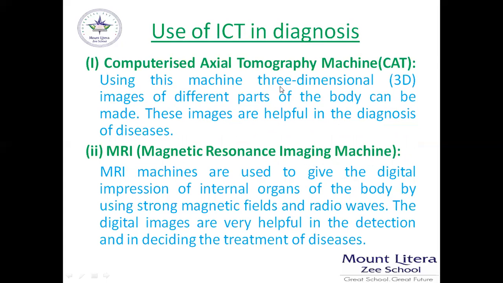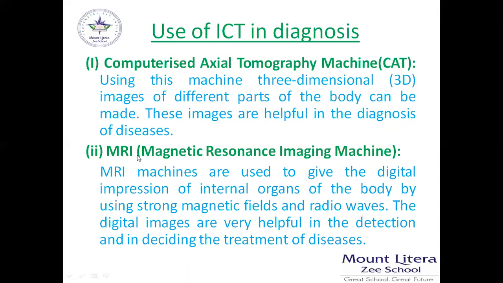Using this machine, three-dimensional images of different parts of the body can be made, and these images are helpful in diagnosis of disease. If you see the three-dimensional parts of the body, you can easily identify the problems in the body wherever they have happened.